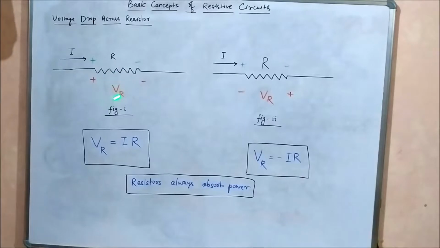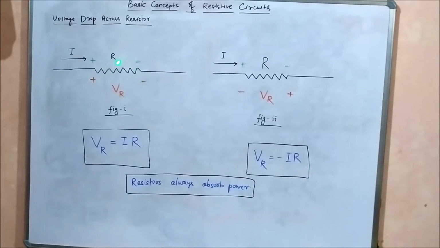You can see that the voltage drop is being measured in the same direction as this polarity, plus minus. Here it is also plus, here it is also plus, here it is minus, here it is minus.